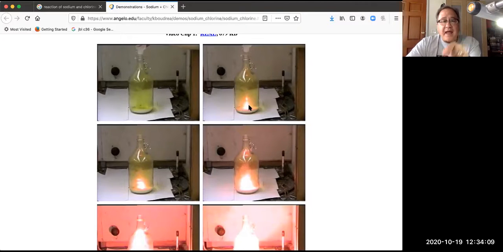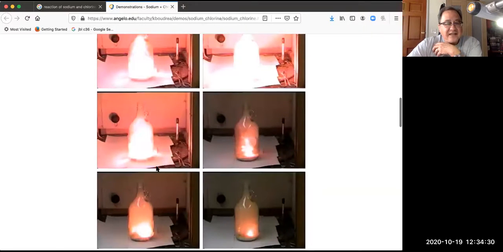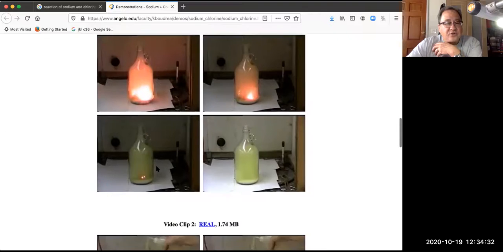Now, when the sodium adds to this green gas, you can see that it looks like there's flame inside the container. And that's because the reaction is very, very hot. So it's releasing energy as light and as heat. And you can see that the reaction gets very, very hot. And then after a while, it starts to cool down.